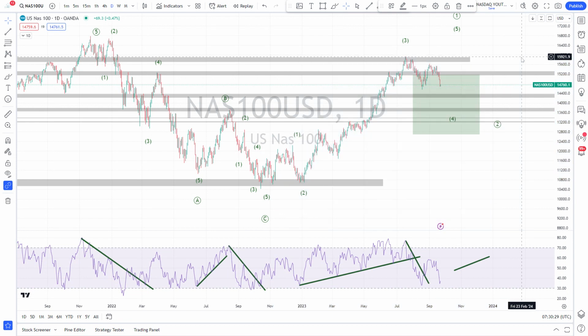So therefore, we have to study this corrective move in more detail to have a better idea where exactly we can end with this wave 4.